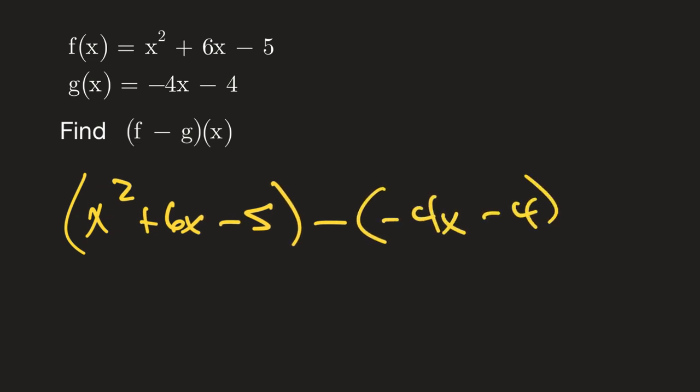And once we do that, we're going to be done. They are not having us evaluate this for a particular value. They are more or less saying, hey, would you please just subtract these two functions for me? Let's get a resulting function, and then you would be sitting, waiting, going, well, what else do you want me to do with it? Well, right now, they're not going to have you do anything else. Okay?